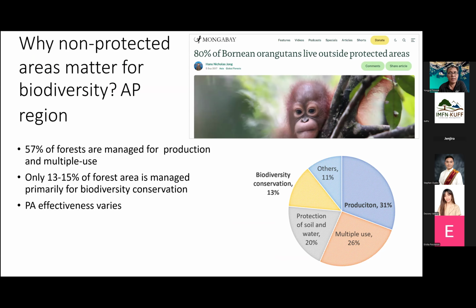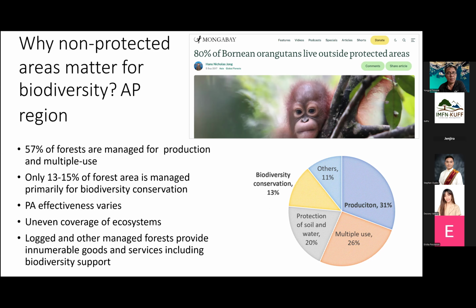So the management of economic forest, or forest outside protected areas, has to coexist or align with biodiversity conservation, because biodiversity conservation is the sole objective for only 30%, while the others have a larger share or more contribution.